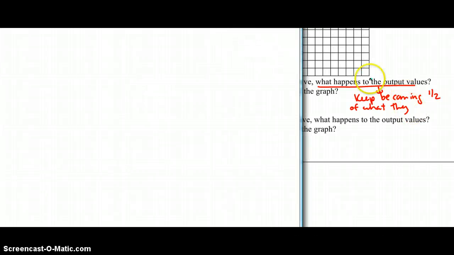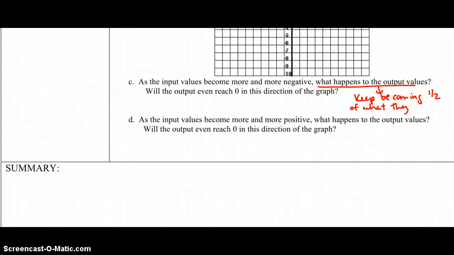If we keep taking a number and taking half of it and half of it and half of it, will the output ever reach 0 in this direction of the graph? The answer to that question is no. We keep taking half of the number and half of the number, and we're still going to have something left. We're never going to reach 0 in this direction of the graph.